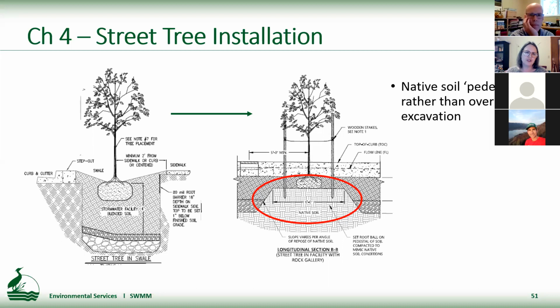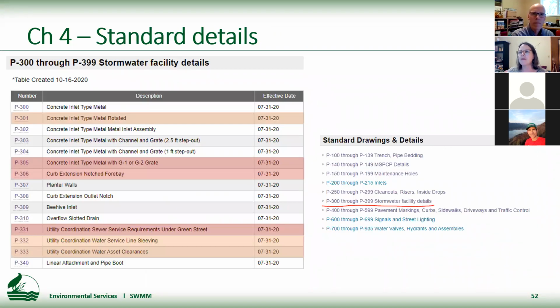But we've changed that completely to requiring a bench of native soil where the tree will be placed so that the root ball can be placed on a sturdy native soil bench, if you will, rather than into the imported soil, just to be in better alignment with standard tree planting practices.